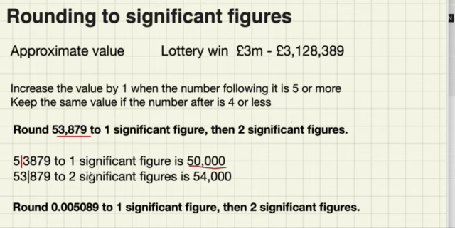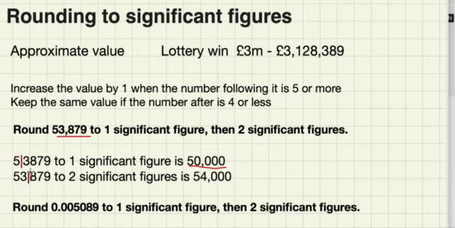Now, if I was being asked to round it to two significant figures, then it's the same number, but we're putting the line here, because this is the second significant figure. So we should have 53.